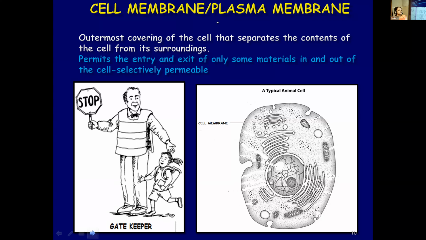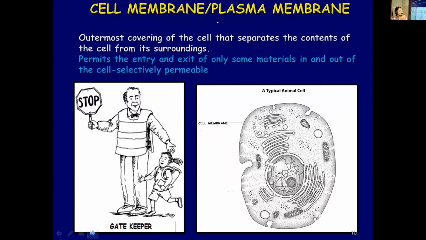Hence, we can call this membrane selectively permeable. Any material cannot freely move across this membrane. It will screen, it will filter, it will allow only certain materials to enter. Just like the gatekeeper of a school allows certain people to move in and out during regular class hours.